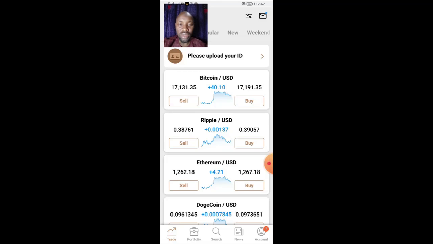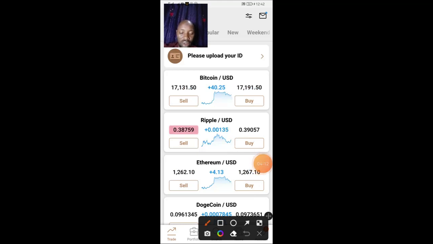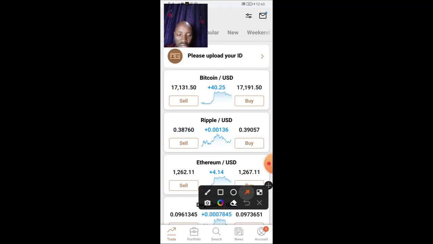Before I get to explaining things, I want you to understand that in all the apps, you have what is called the menu, and the menu we have it here. You see, this is the trade section. This is your portfolio. Portfolio means where your asset, the amount of asset you have in the market, which is in your account.